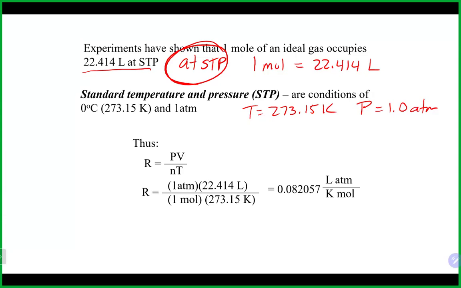By the way, that is how we actually get the gas constant. If you take the ideal gas law, solve for R, and put in all your values at STP, 1 atmosphere for the pressure, 22 liters for the volume, 1 mole, and 273, that again is where our gas constant value actually comes from. Questions on that there?